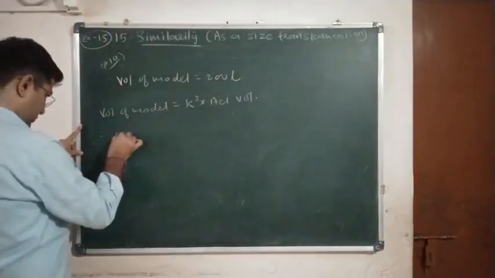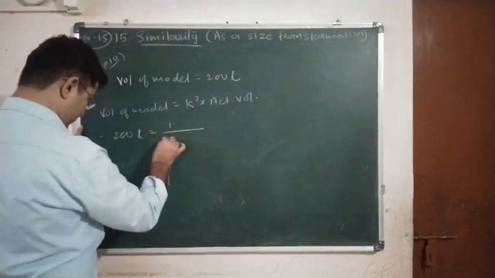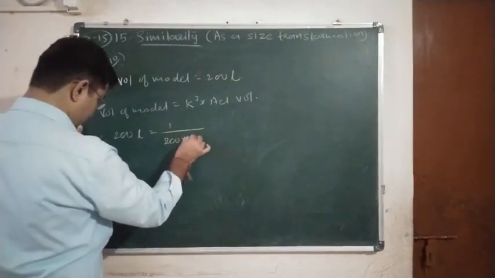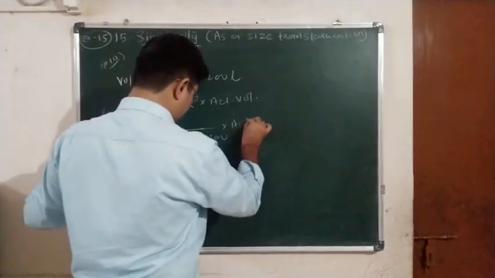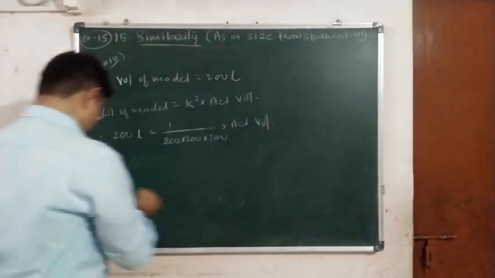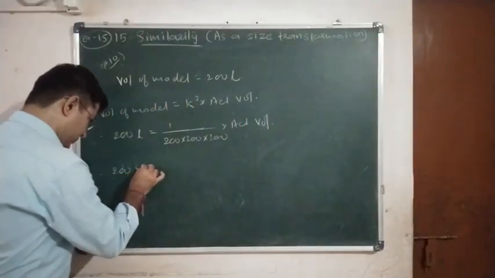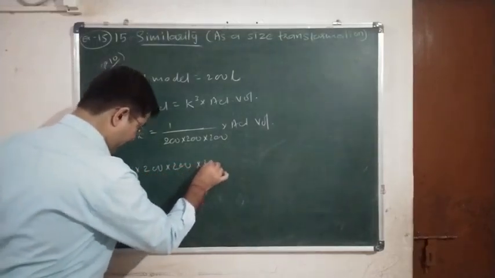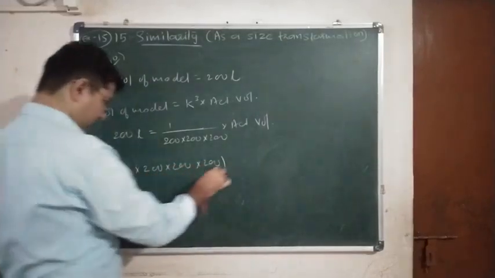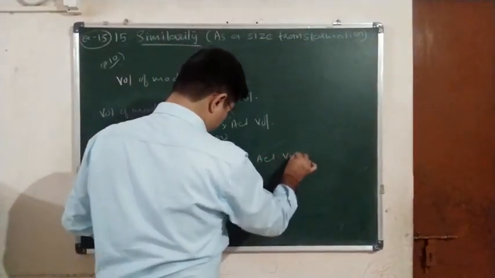So 200 liters is equals to 1 upon 200 into actual volume, and therefore 200 into 100 liters is equal to actual volume.